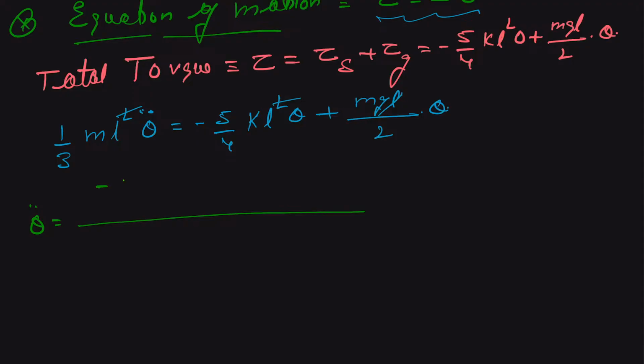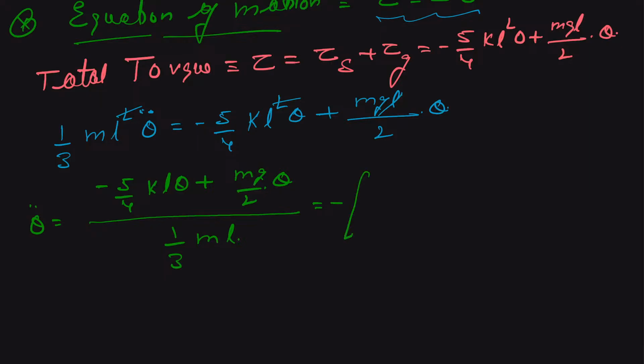So we are going to get this as minus 5 by 4 k L theta plus mg by 2 times theta, and this is 1 by 3 m L. So we are going to just separate the variables with respect to their denominator and take 3 in the numerator. This will be coming as minus, and let us take minus as common because we know that there will be a restoring force that is going to generate this or validate our equation.